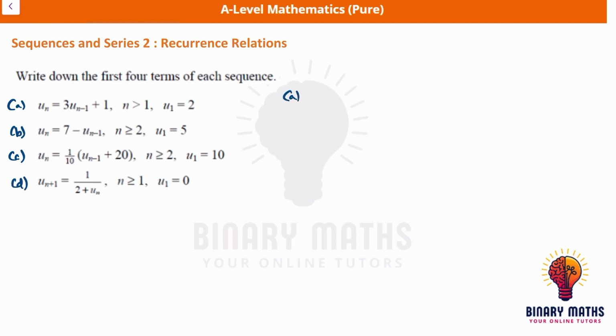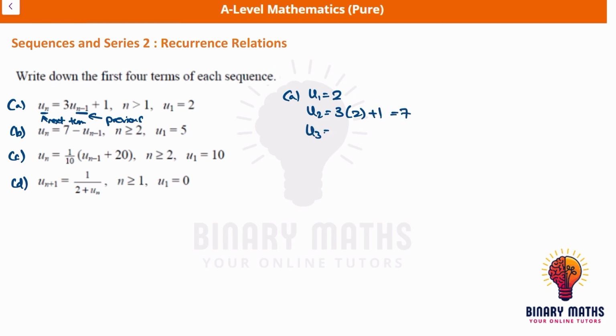So that means u_n, we've got u_(n-1). This is the next term, and this one is the previous term. To get the next term, we do 3 times the previous term plus 1, where u1 is equal to 2. It means u2 will be 3 times the previous term, which is 2, plus 1, which is 7.